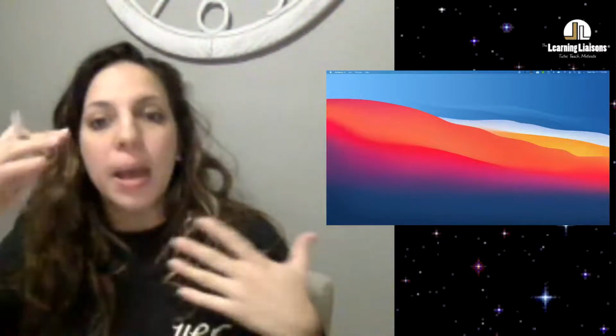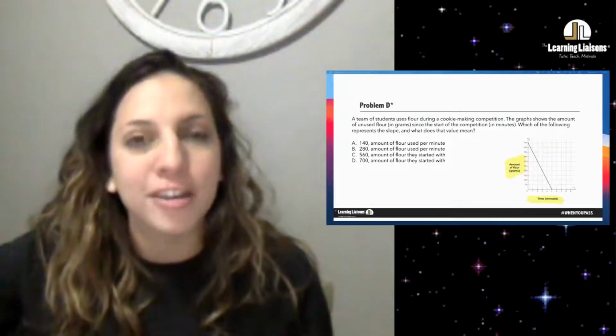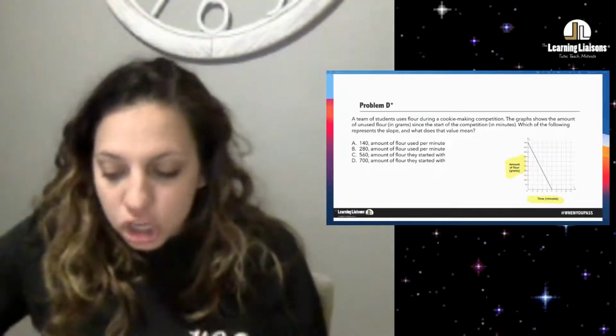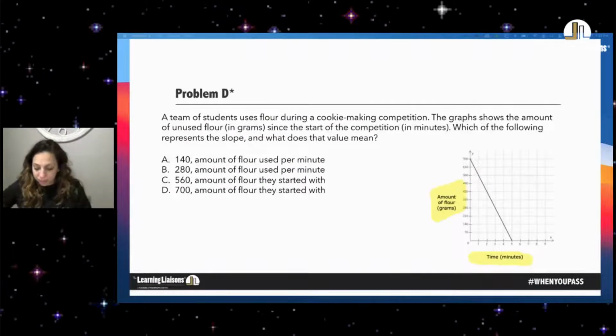I would look for the slope, figure it out, and move along. But in this case, I'm going to look at it because it's valuable for all of us. Every single person in this room can definitely benefit from an understanding of a graph. So let's go ahead and take a look at this graph and talk about it.